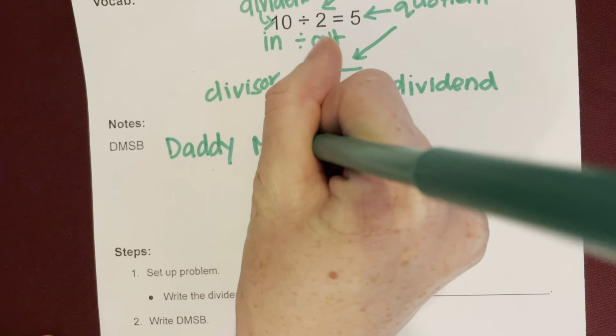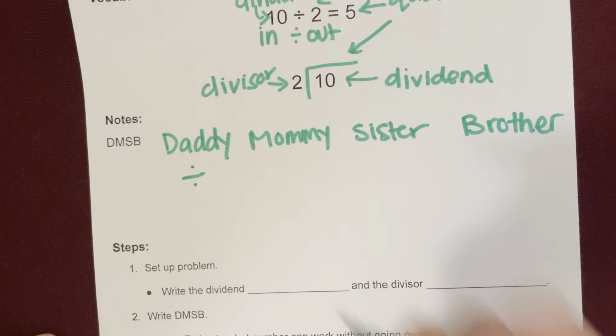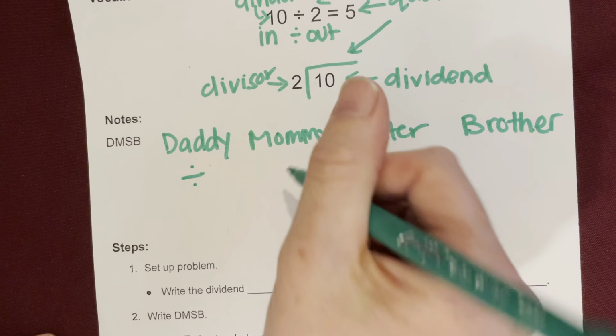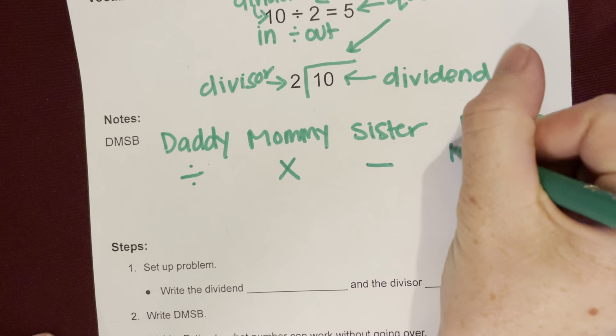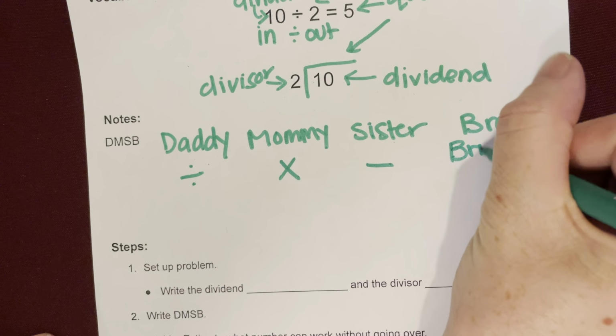Division is a family. So daddy is division, mommy is multiplication, sister is subtraction, and brother is bring down. Okay, we're going to be using daddy, mommy, sister, brother, and you're going to get really familiar with that this year.